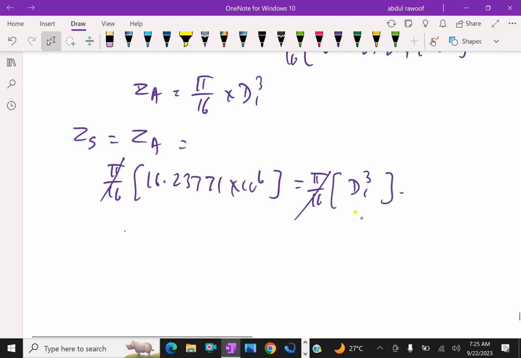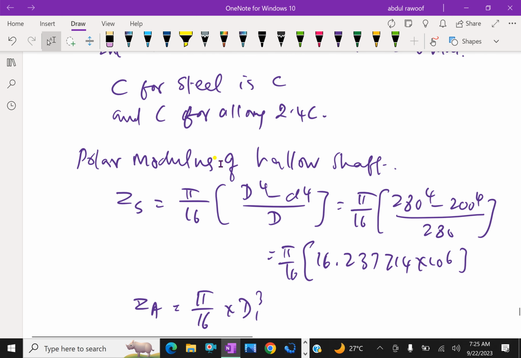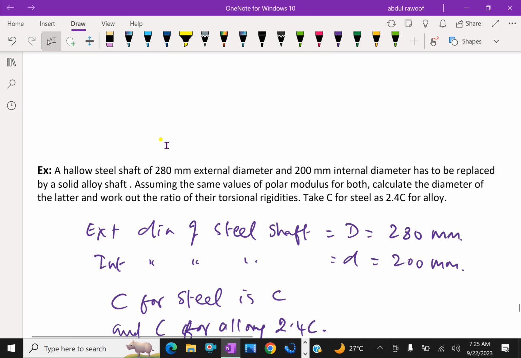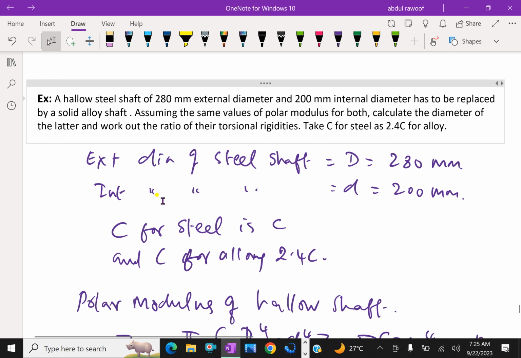Now taking the cubic root of this, we get D1 equal to 253.2 mm. That means we are replacing the hollow shaft by a solid shaft.